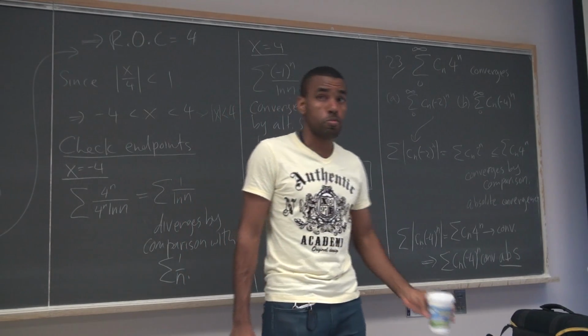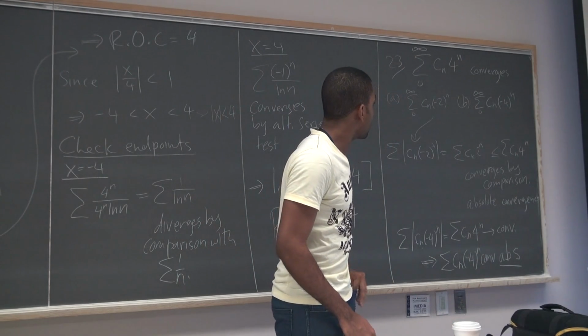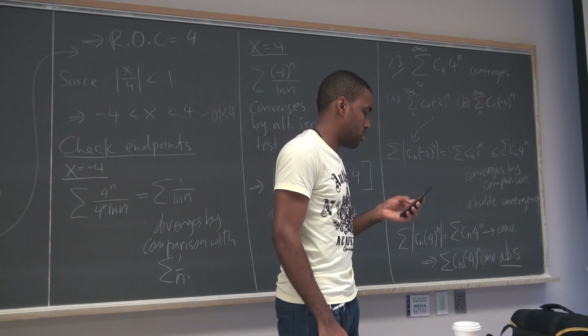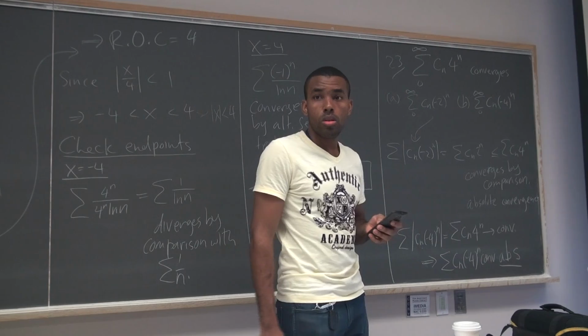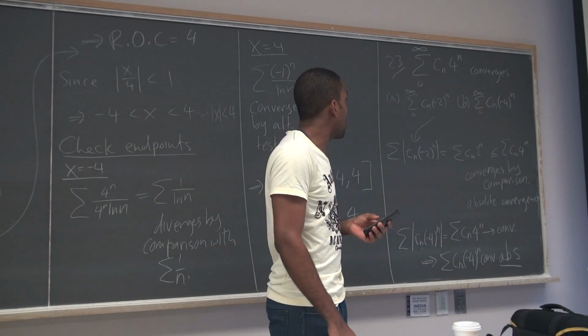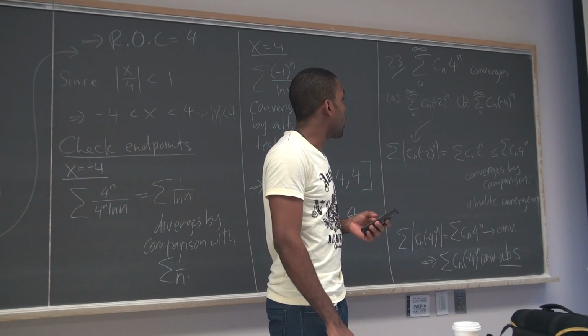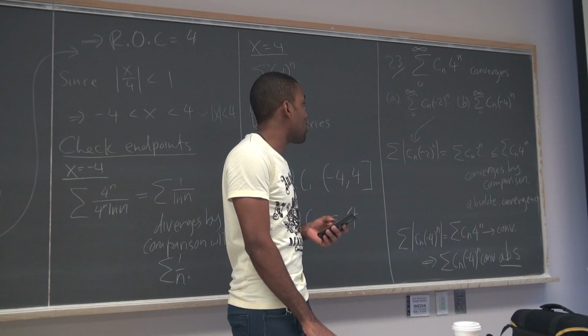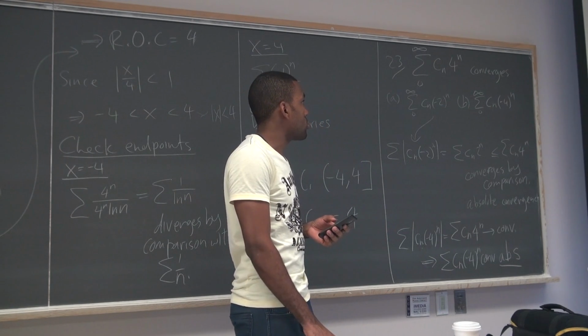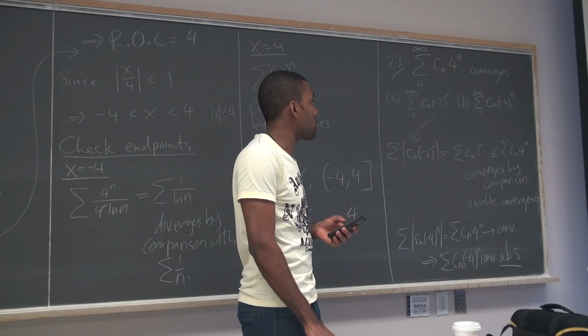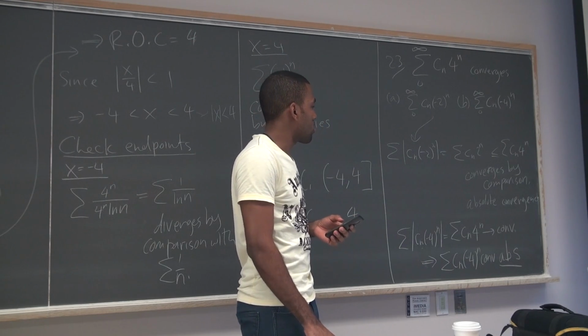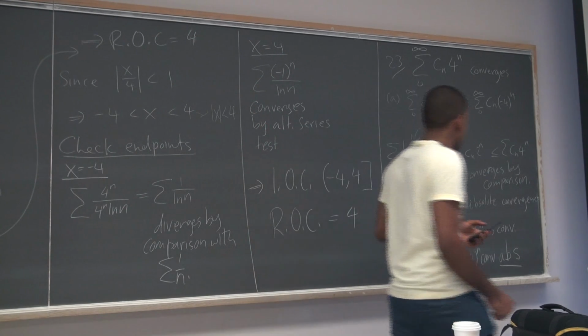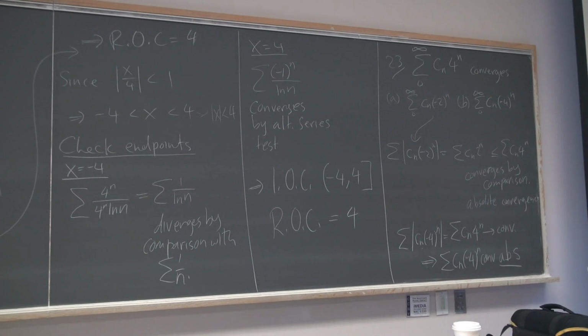The book says that, the question is, does it follow that A and B converge if the top one converges? If the top one converges, it's basically a power series of R equals 4. So that bottom B is also a power series of R equals 4, but at the endpoints, which doesn't necessarily converge.